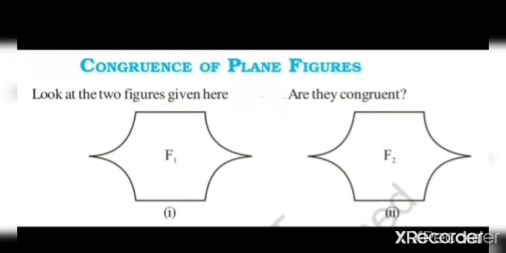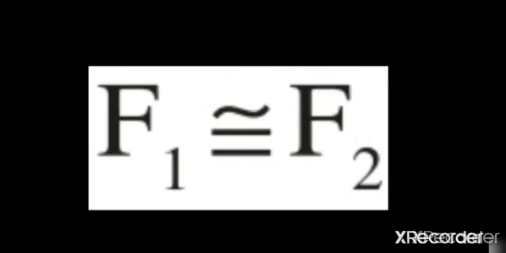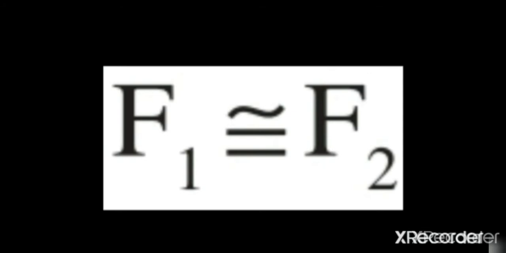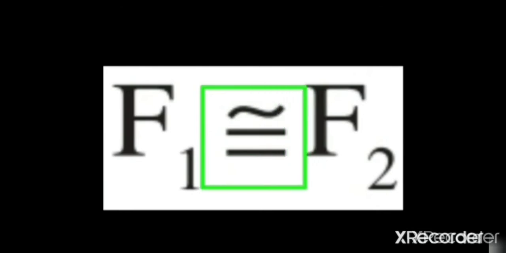Figure F1 is congruent to F2. How to represent it? Like this. We use this symbol to show congruence. F1 is congruent to F2. Remember this symbol for congruence.